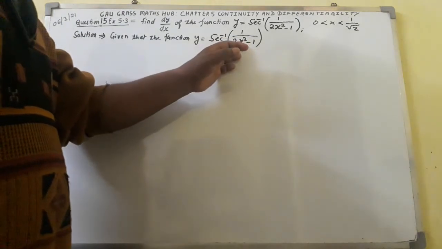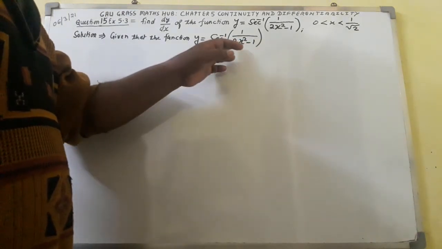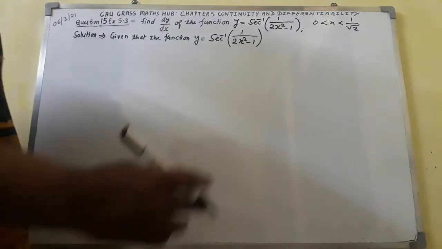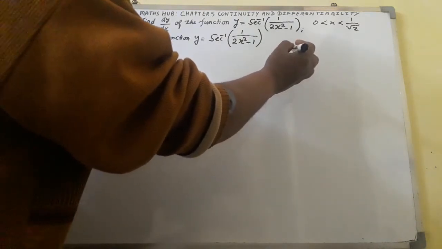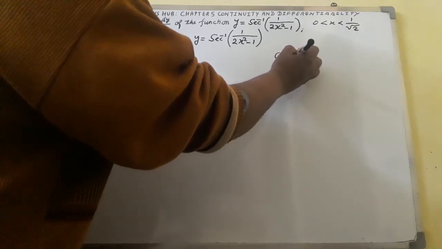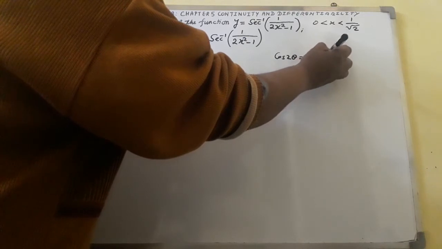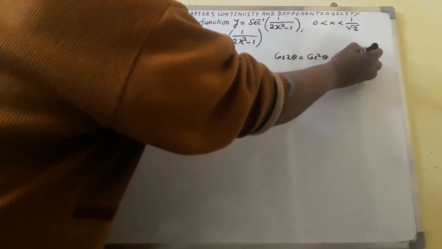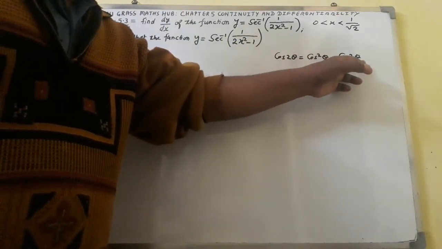If you put x equal to cos theta, it will become 2 cos square theta minus 1. Some formulas are there. You might be aware of them. Cos 2 theta is equal to cos square theta minus sin square theta.